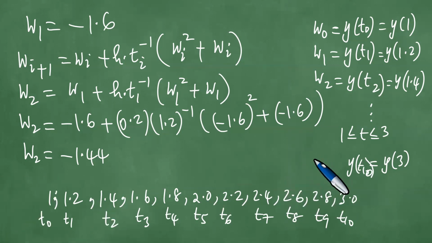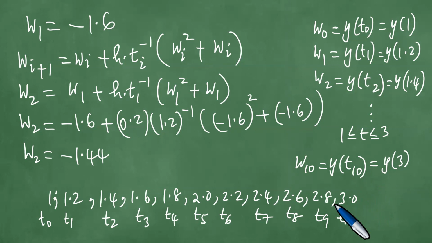And then we have W10, which is Y at T10, which is this, right? So Y at T10 is that.